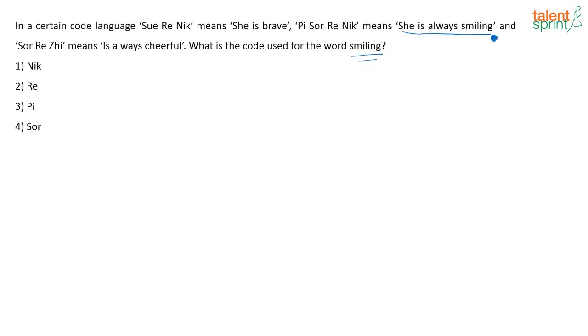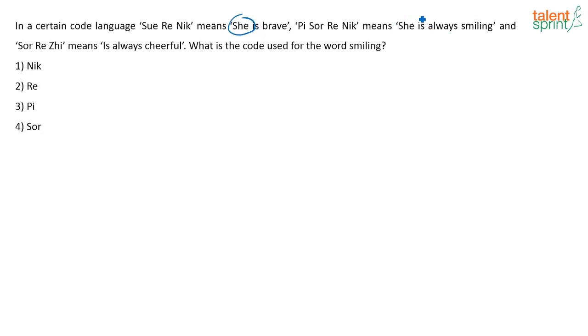See, she is always smiling. So here already "she is" is common in both of these sentences, right? So what is the code for "she is"? Code for that has to be SOR and RE. Yes, that is common here, and no, SUE RENIK means she is brave, right?